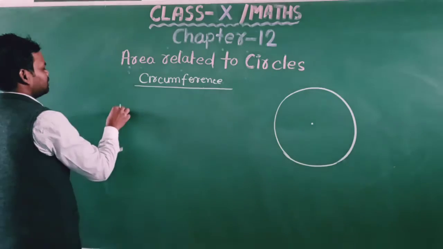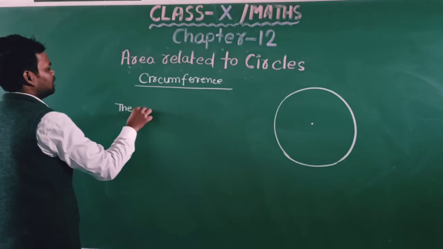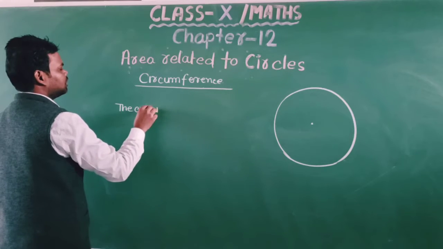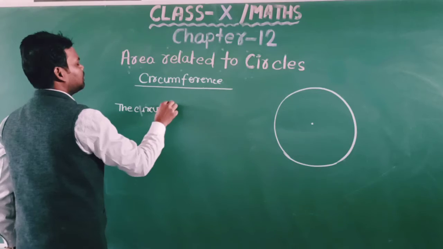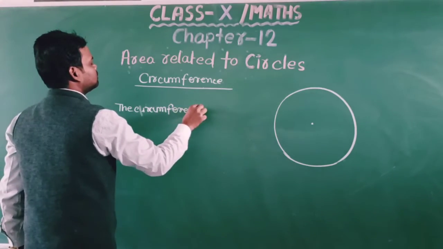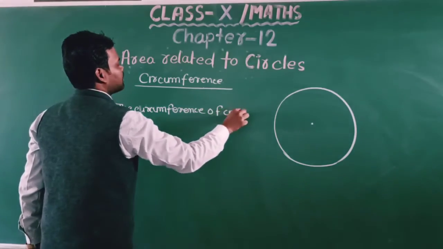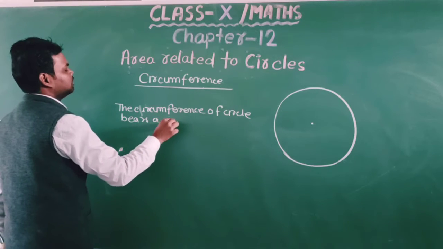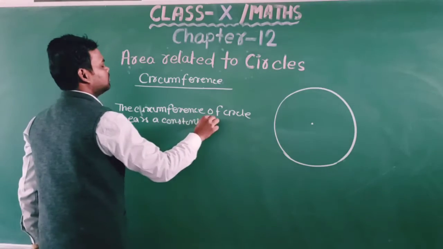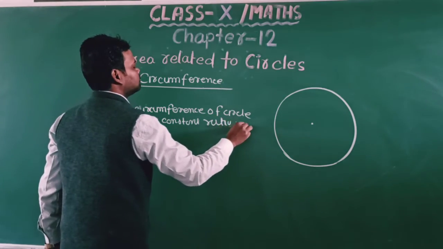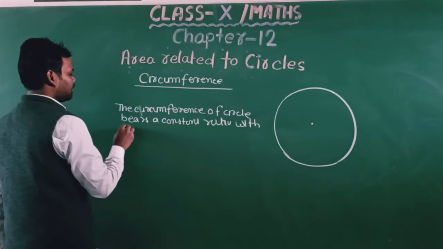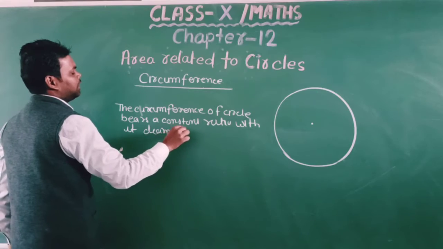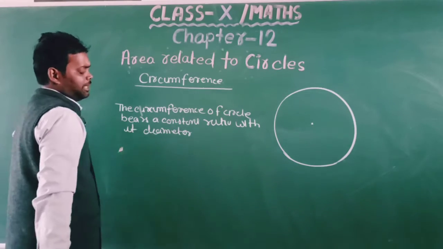The circumference of a circle bears a constant ratio with its diameter.